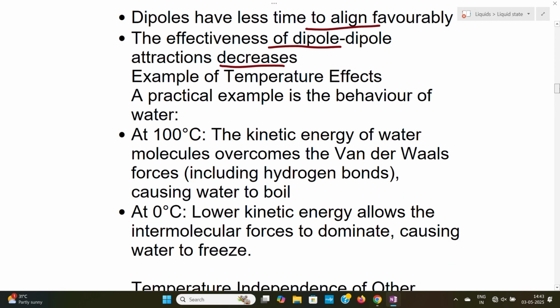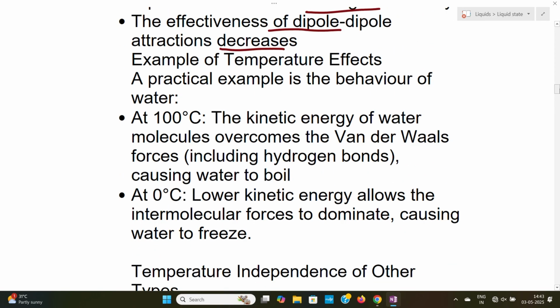The practical example for this phenomenon is the behavior of water. At 100 degrees Celsius, the kinetic energy of water molecules overcomes the van der Waals forces, and this causes water to boil.